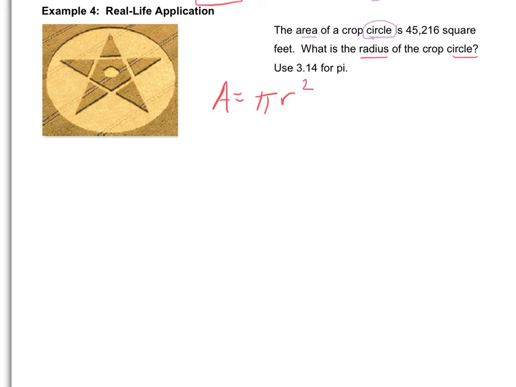Now we have to figure out what we actually have and plug in what's there. The area is something we have, so that goes in for the area. They are telling us to use 3.14, so we're going to use that as our pi. This is the radius that we're looking for, so we don't have that one. So in PEMDAS fashion, we're going to try to solve for r.